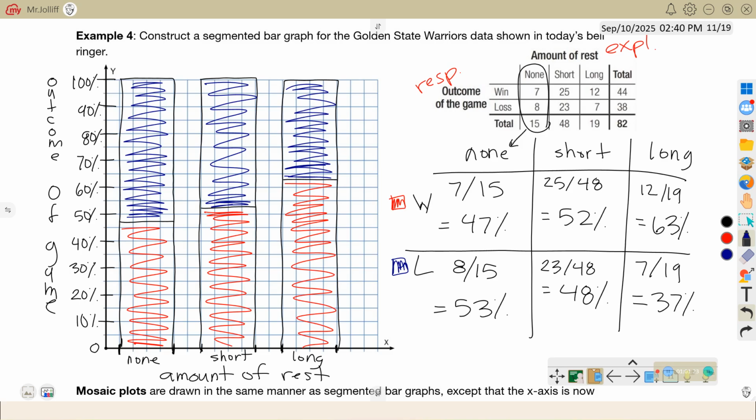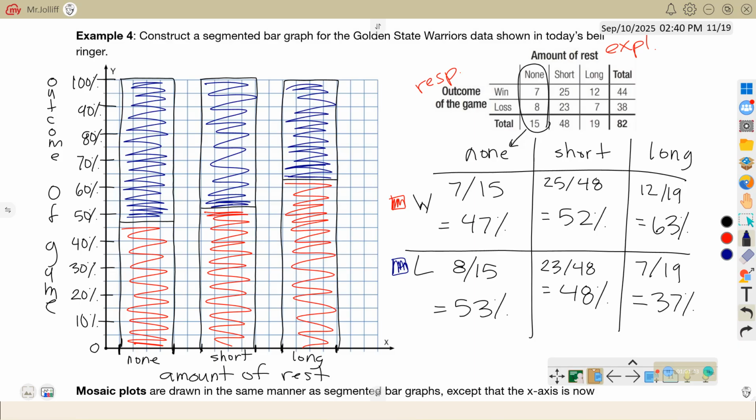Do we see any patterns in this graph? I see some nodding. What was that, Ricardo? What's increasing? The win percentage is increasing.